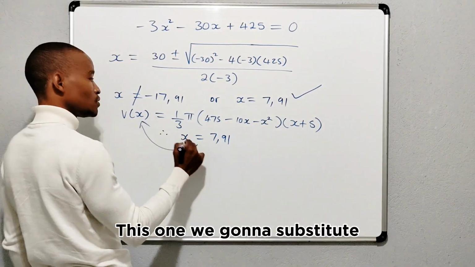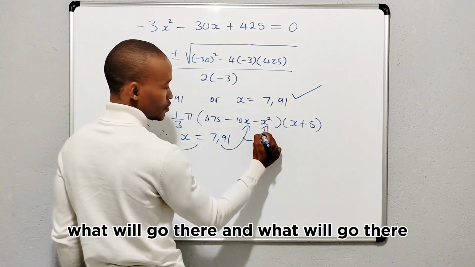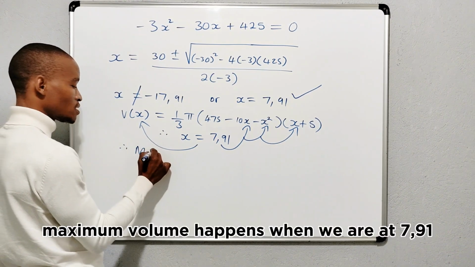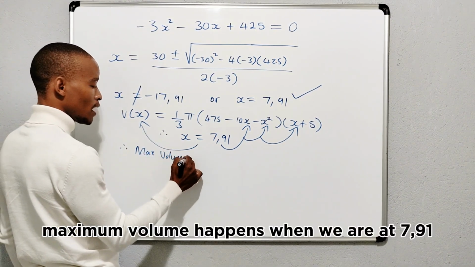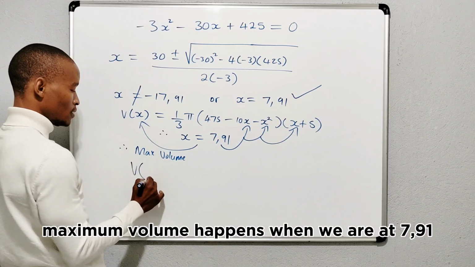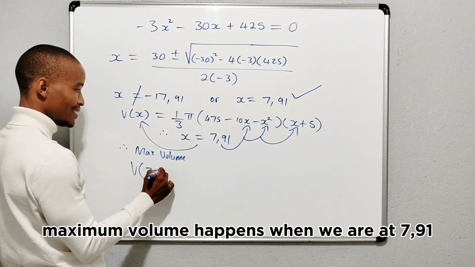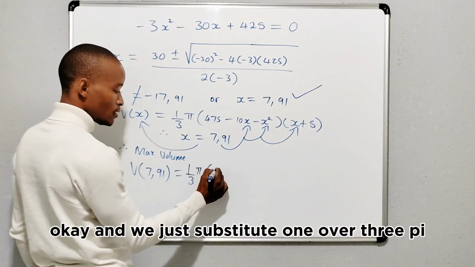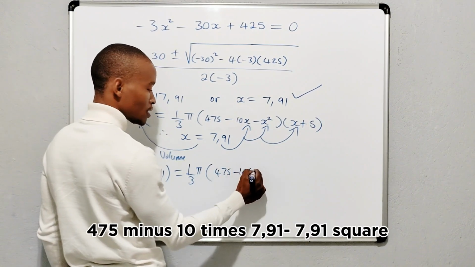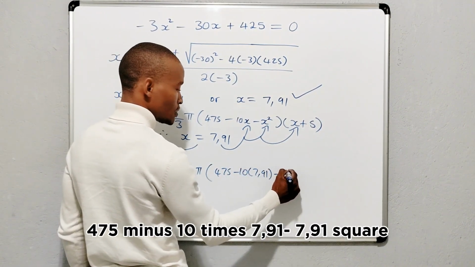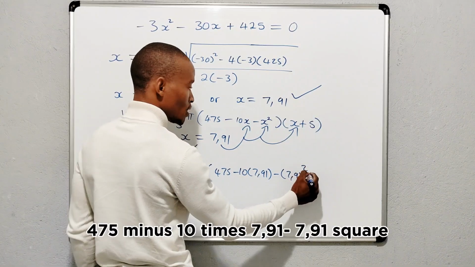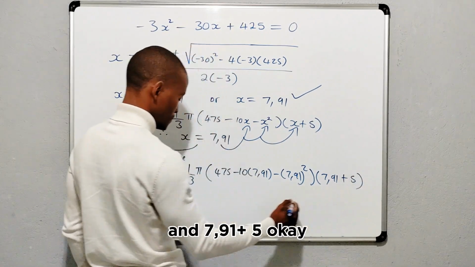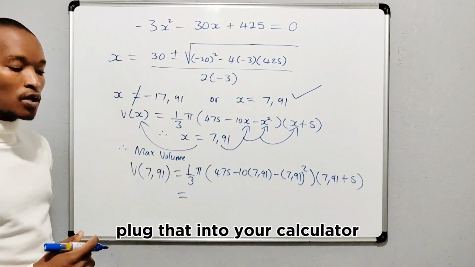It is what we're going to substitute there. So what will go there, what will go there, and what will go there, okay? So therefore maximum volume happens when we are at 7.91, okay? And we just substitute 1 over 3 pi, 475 minus 10 times 7.91 minus 7.91 squared, 7.91 plus 5. You plug that into your calculator.